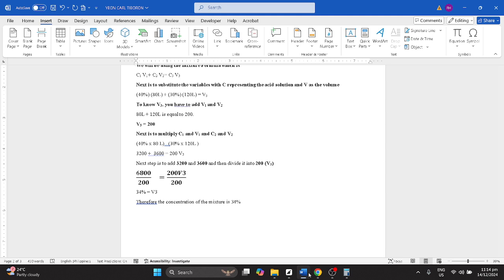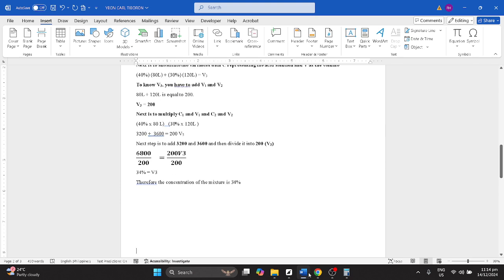Next step is to add 3,200 and 3,600 and divide it by V3, which has a value of 200. If we divide these two numbers by 200, we'll come up with 34%.